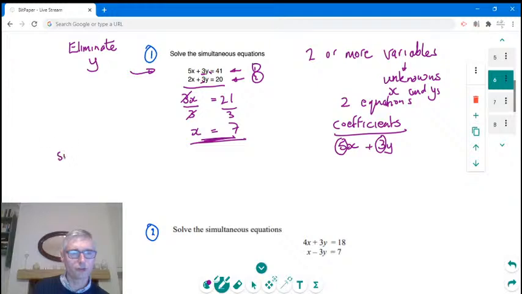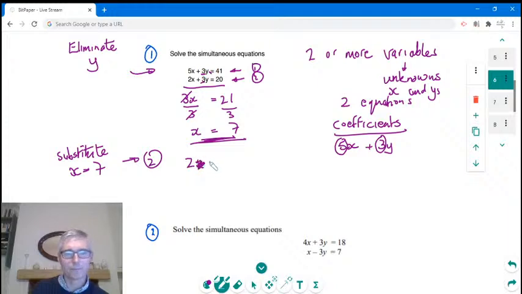So I'm going to substitute the value that I've just found for x, substitute x equals 7 into the second equation, the one I've labelled 2 there. So I can replace the x. So 2 times the 7, so instead of writing x, I'm going to write the 7, plus 3y is equal to 20.